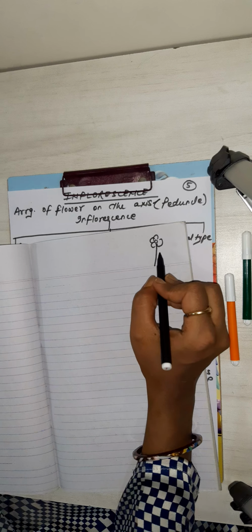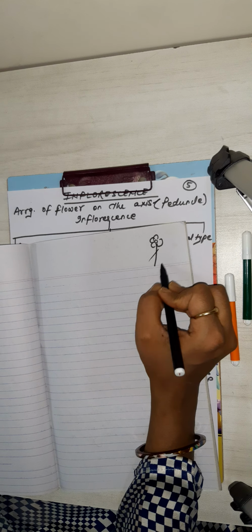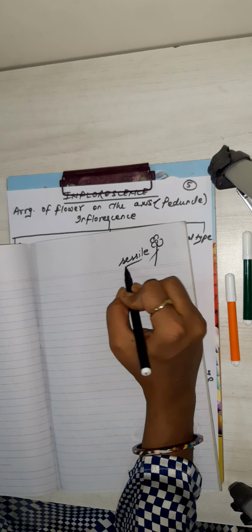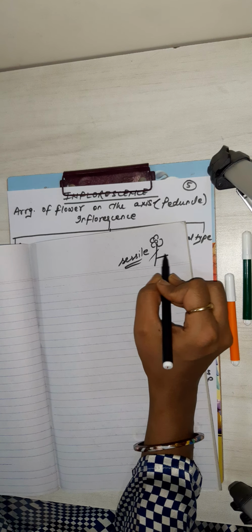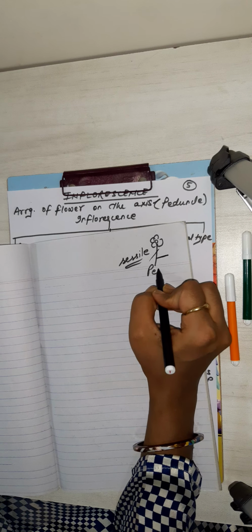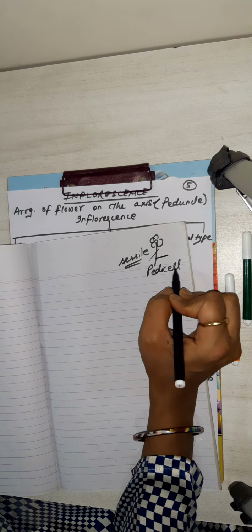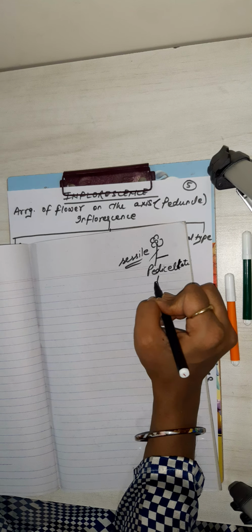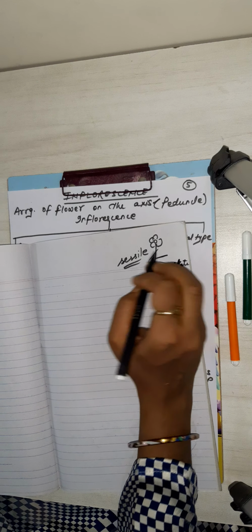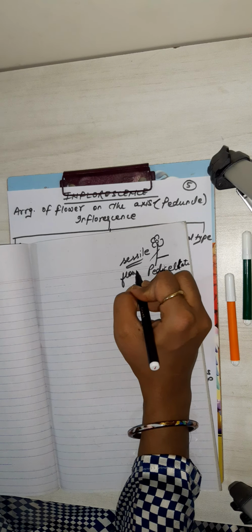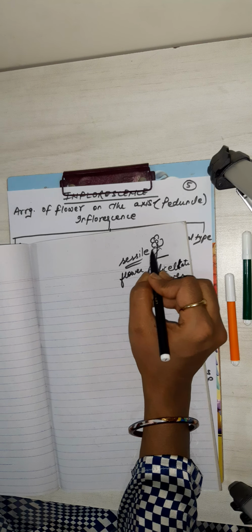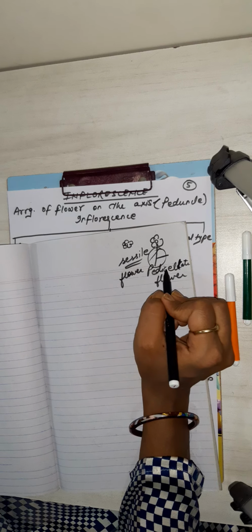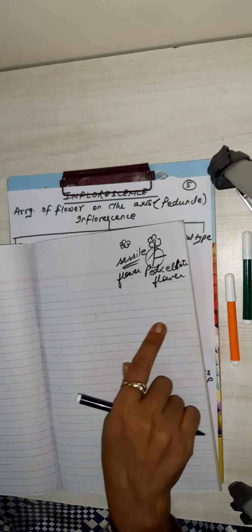If the pedicel is absent, then the flower is known as sessile, and when the stalk is there, it is known as a pedicellate flower. This is a sessile flower and this is a pedicellate flower.